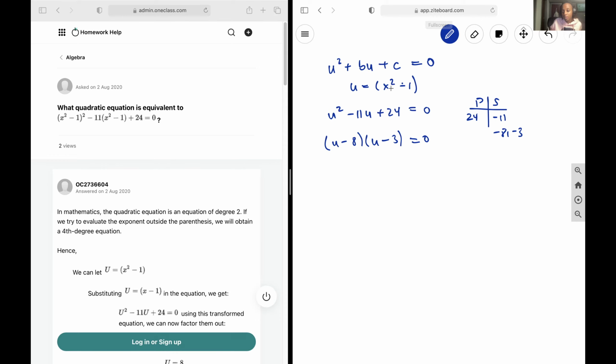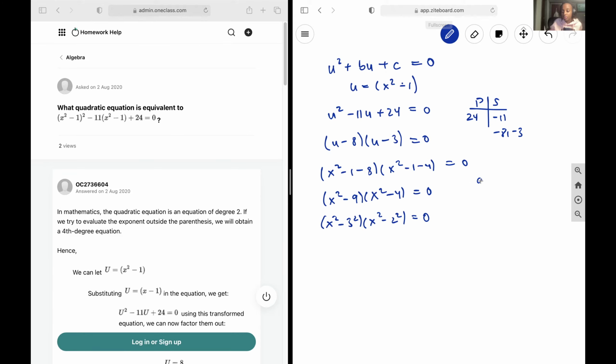Now, if we put in u for what it actually is, it becomes x squared minus 1 minus 8 and x squared minus 1 minus 3 is equal to 0. Next up, we simplify this to become x squared minus 9 multiplied by x squared minus 4 is equal to 0. Again, we want to further write this as a difference of squares, x squared minus 3 squared and x squared minus 2 squared is equal to 0.